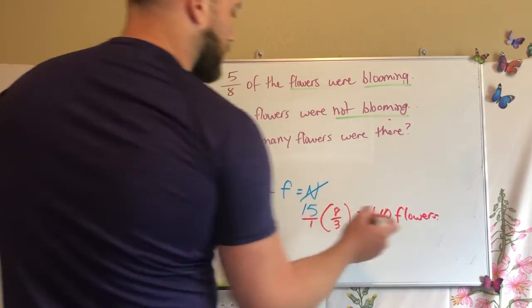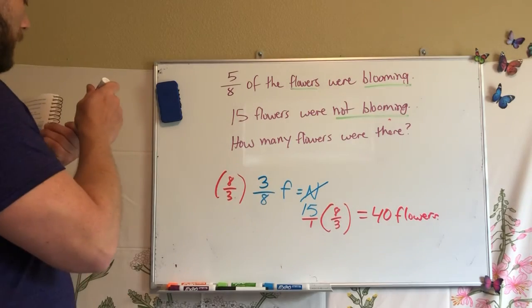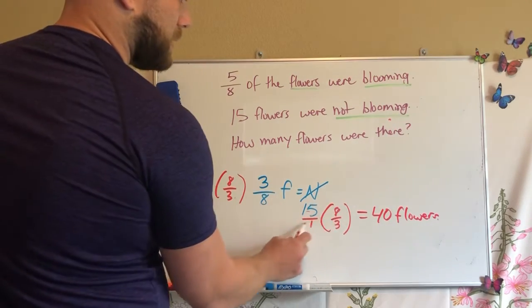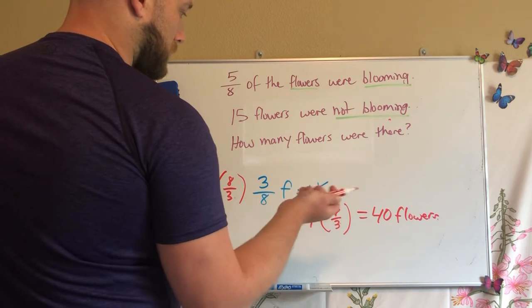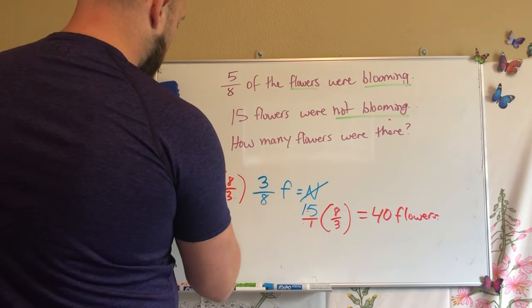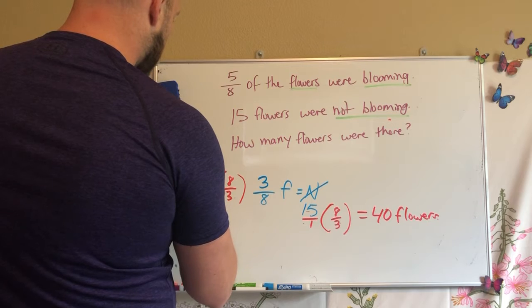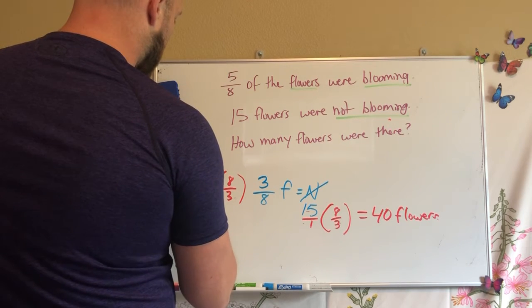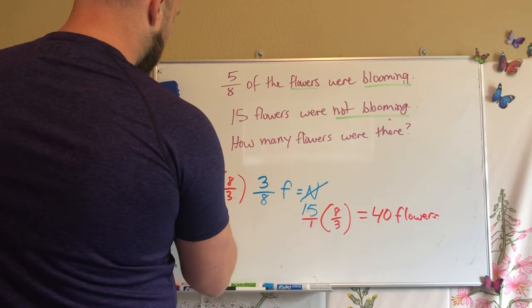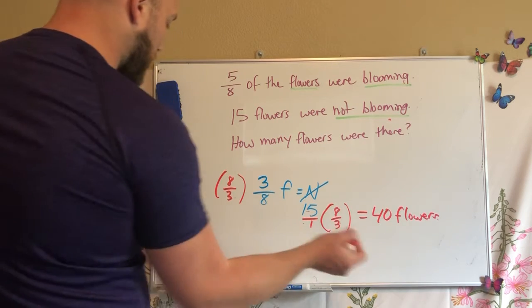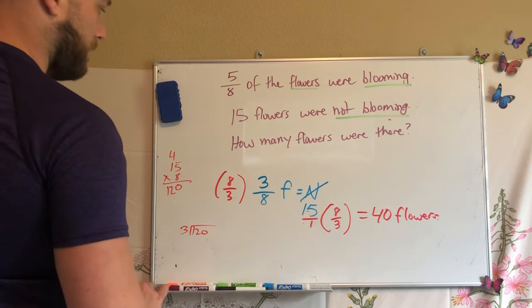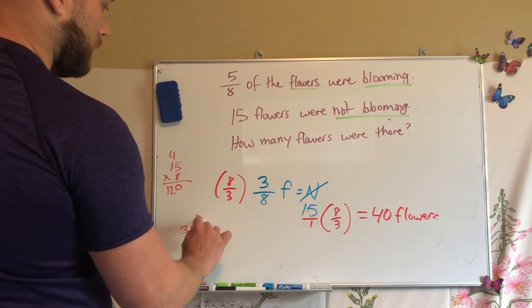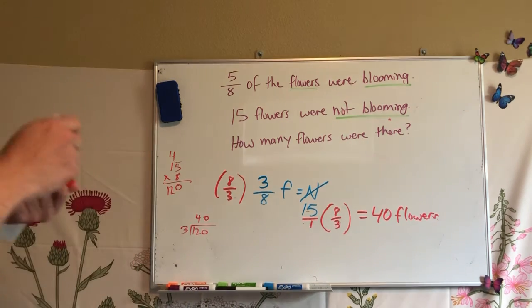You should have more work in between to solve it, because you'd be multiplying straight across and then dividing. I'll show you how. You have 15 times 8, which is 120 over 3. So you would do 120 divided by 3. 3 goes into 12, 4 times, and then 0. Just like so.